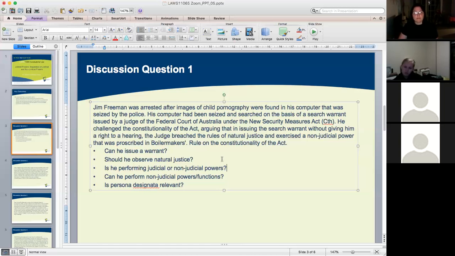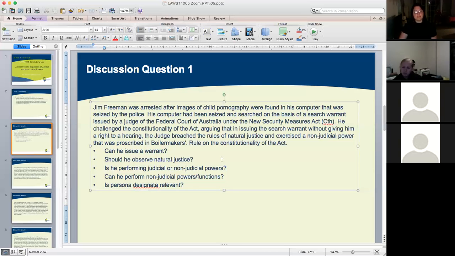If the question is, can he issue a warrant, what exactly is the legal question there? Or if the question was, does he have to observe natural justice? That's a factual question. But what exactly is the legal issue? Because it is the legal issue that you need to address. Are you able to see the distinction or not? Because if you don't, you will have a problem with your legal memorandum.